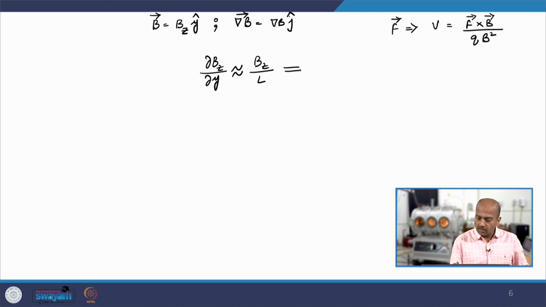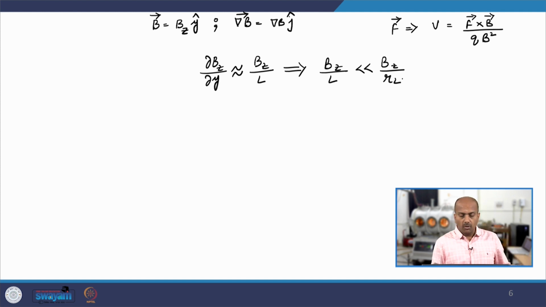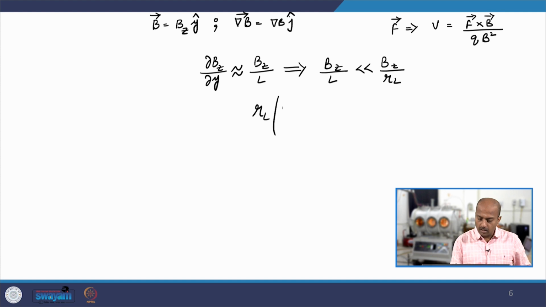So, this implies that B_z by L will be much less than B_z by R_L, because we have used the fact that R_L is much less than L. So, we can write R_L times dou B_z by dou y will be much less than B_z.